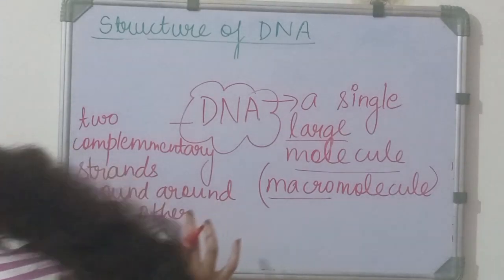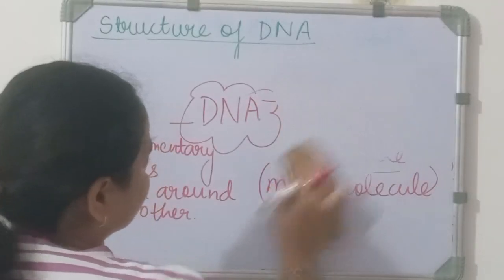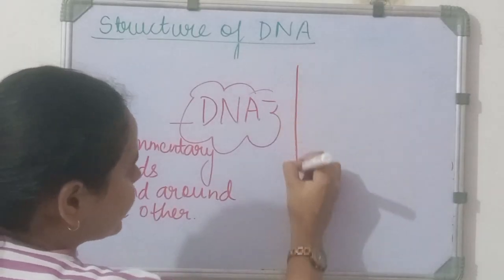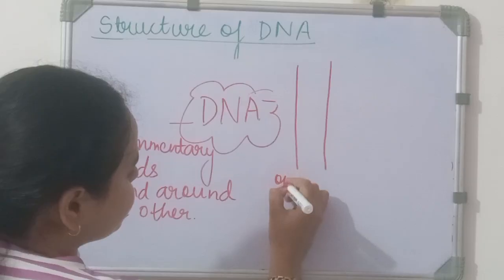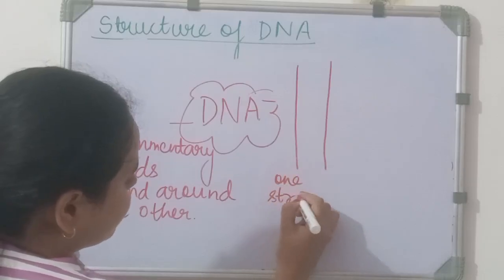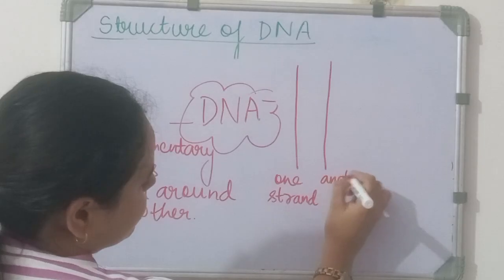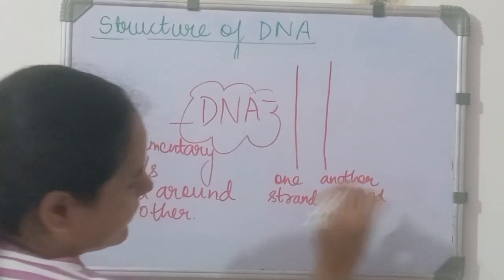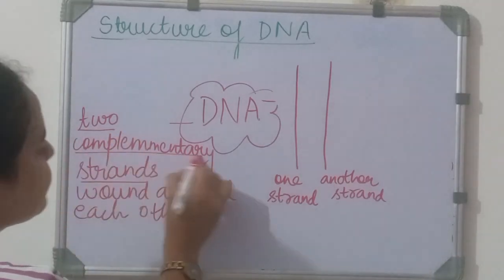See how I am explaining this point. Suppose this is one strand, this is another strand, this is one strand, this is another strand. So two strands which are complementary.